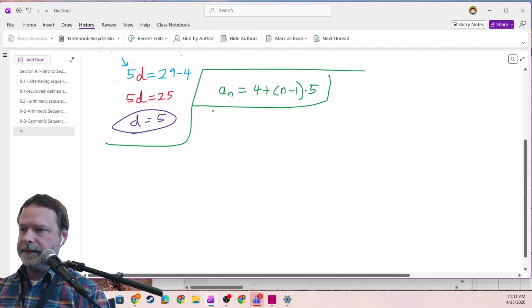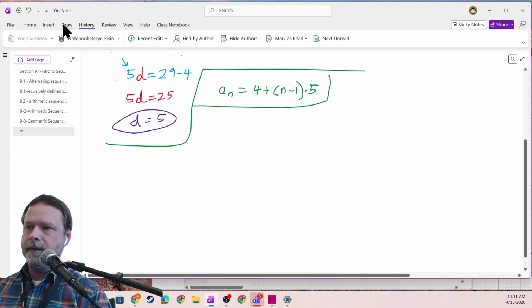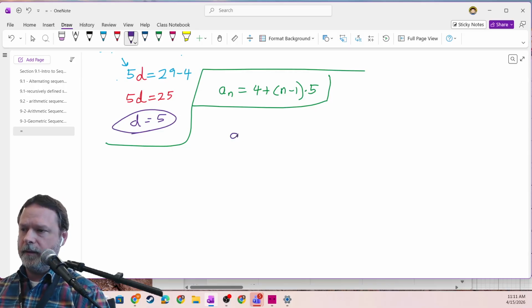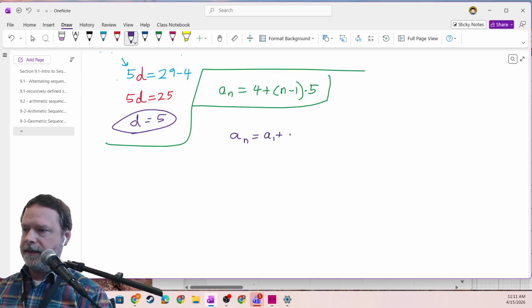Another way to do this is to straight up write down the information that we're given. We know a sub n equals a sub 1 plus n minus 1 times d.